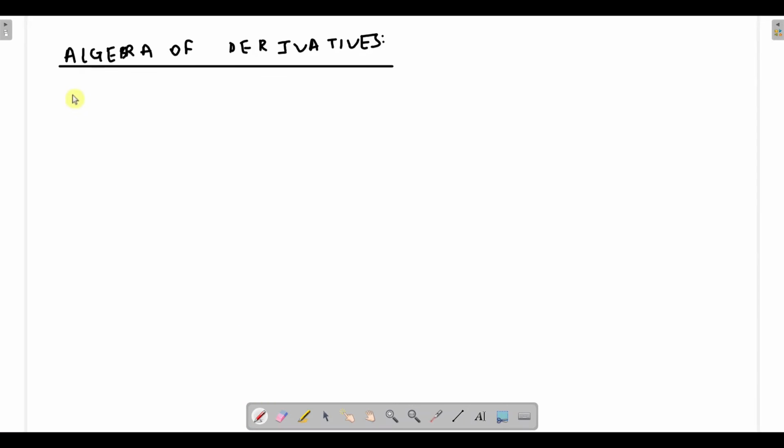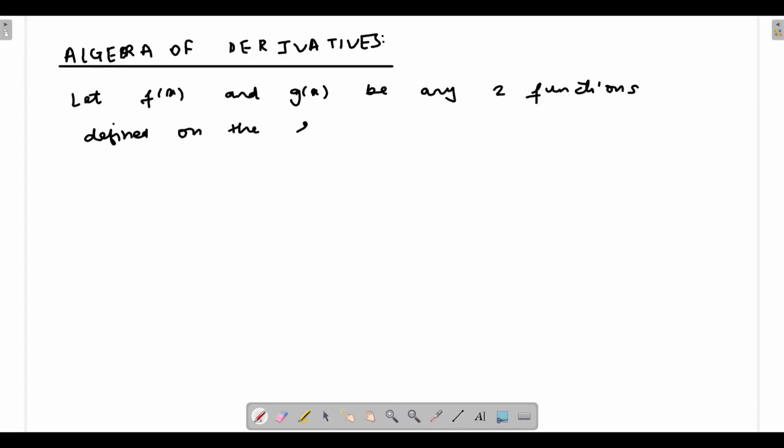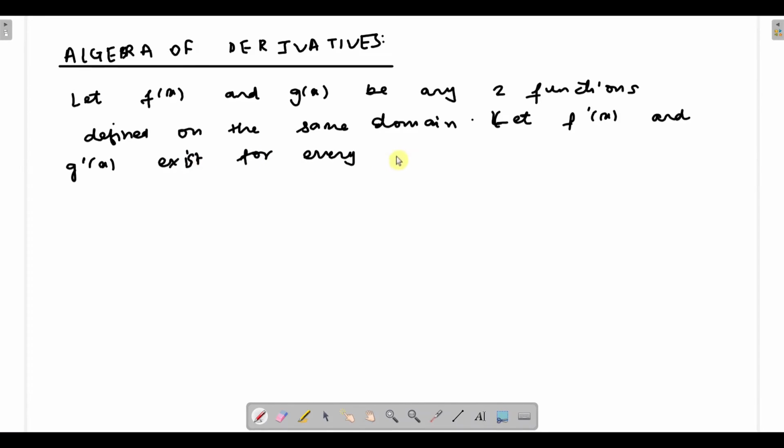So let f(x) and g(x) be any two functions defined on the same domain, and also let f'(x) and g'(x) exist for every x.